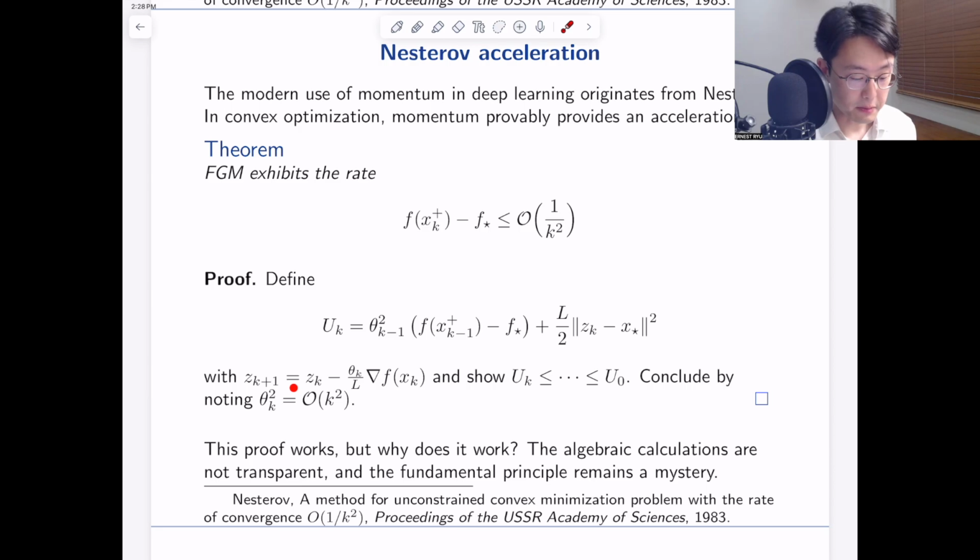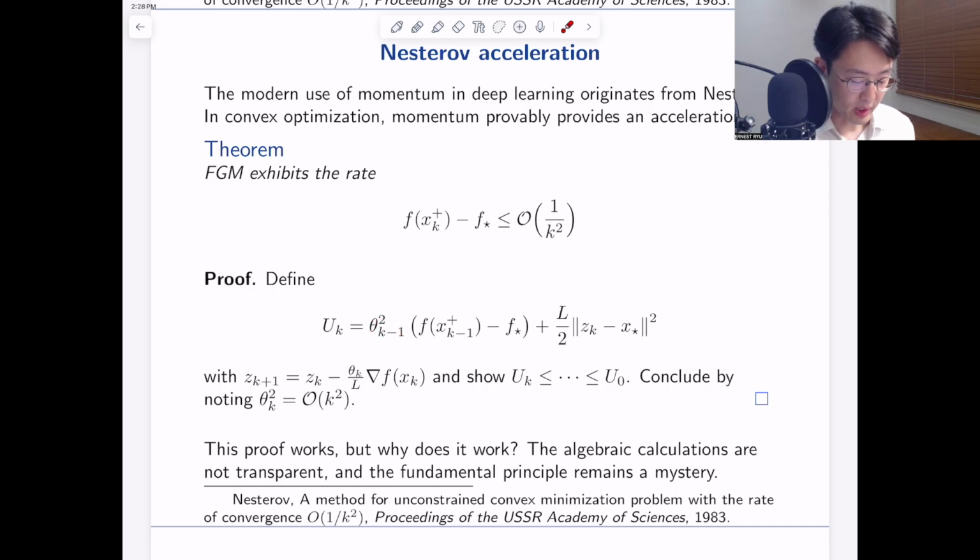Once you define these things, then it turns out that this Uk sequence is a decreasing sequence, or a non-increasing sequence. One would also say that this is a dissipative sequence, like energy. So we can show that the Uk sequence is decreasing. And once you do that, then the proof is basically done because again, theta k squared is basically k squared.